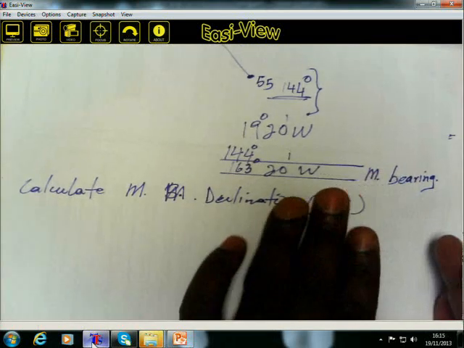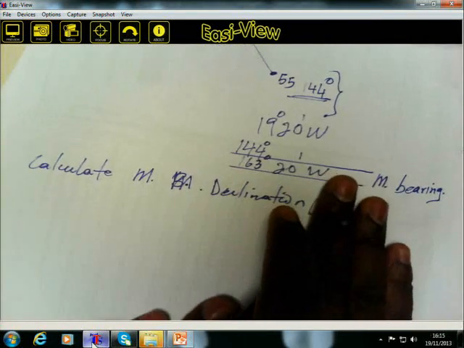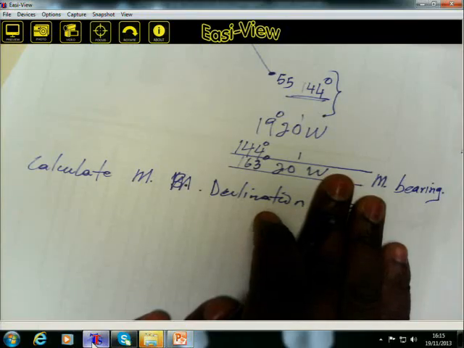So if you get it without any year on it, you don't panic, we use the current year.